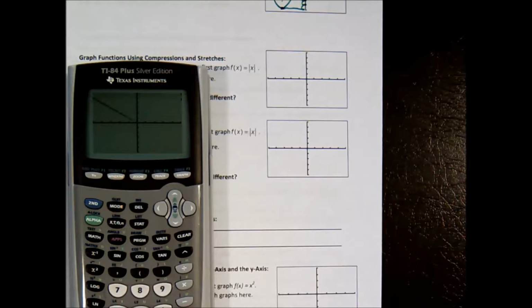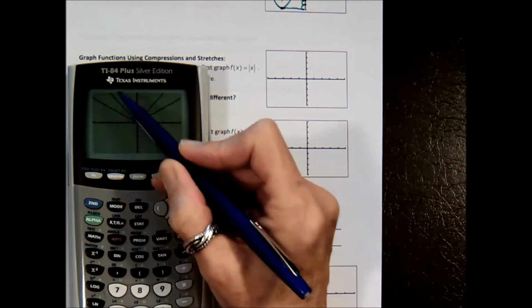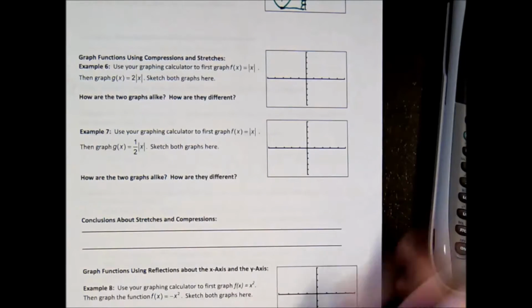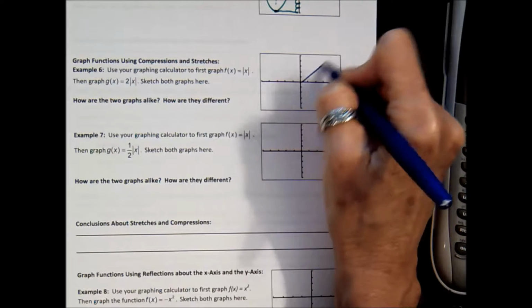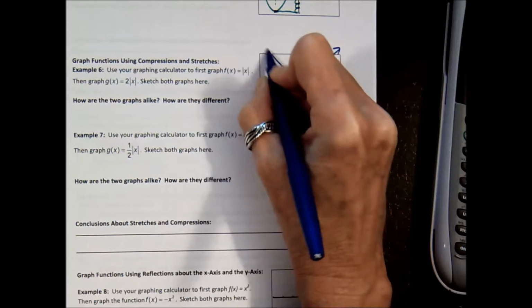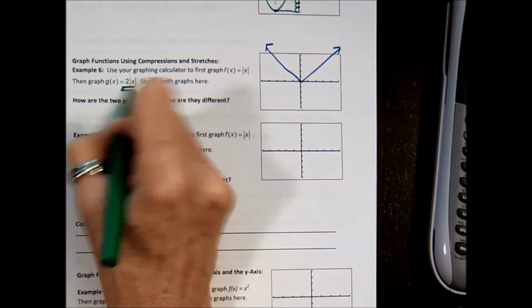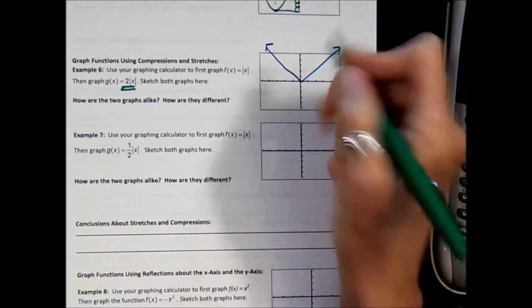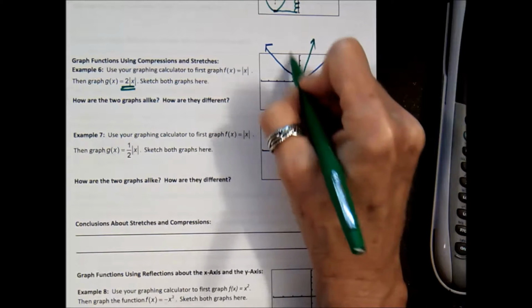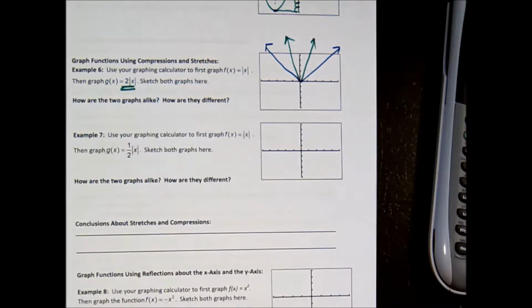We know that the absolute value function looks like that. Look what happened, though, when I multiplied it by 2. My second one is this narrower graph. So my first one, again, I'm not being accurate with points. I'm just sketching a general shape. My first one looked like that, but my g of x, when I multiplied it by 2, it narrowed it, and I exaggerated a little bit there.